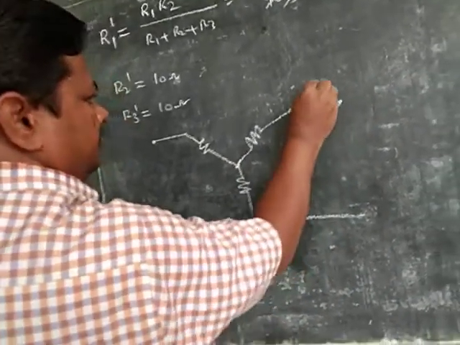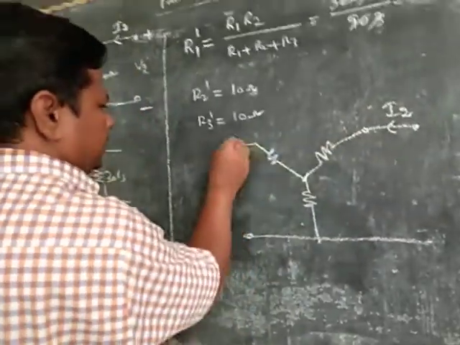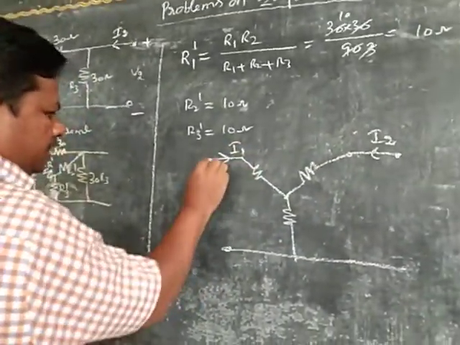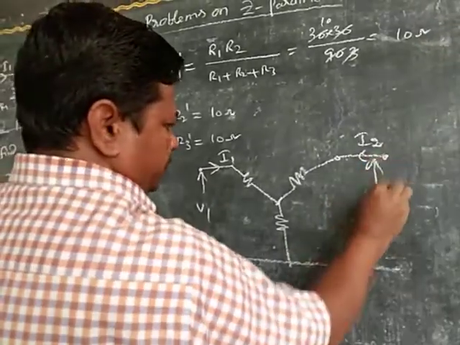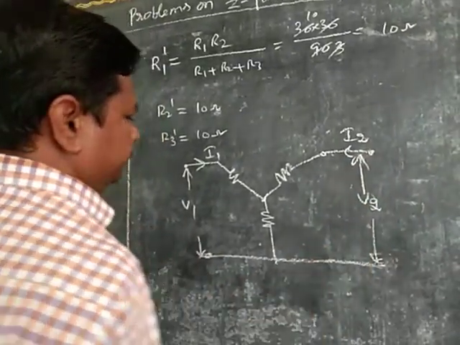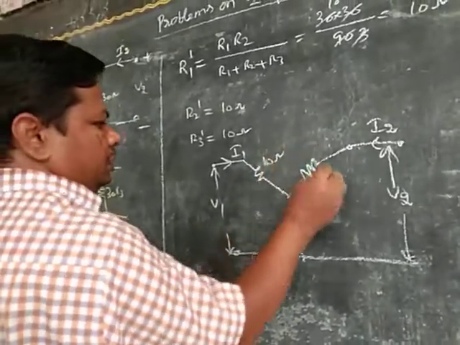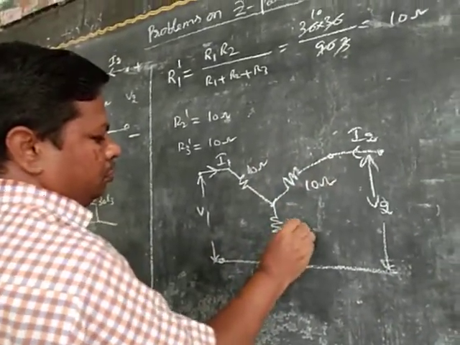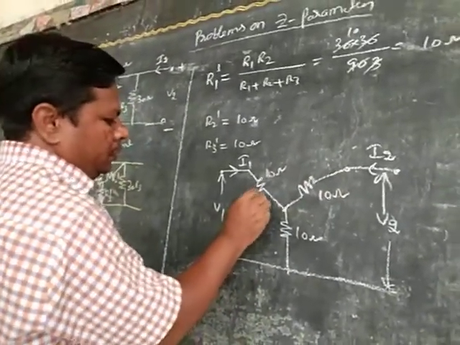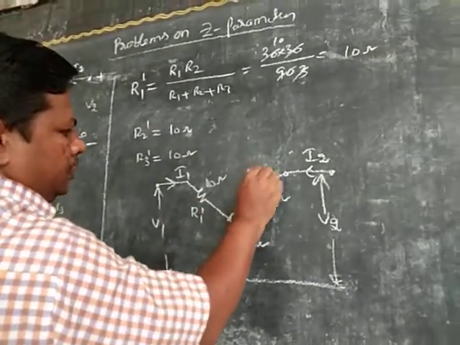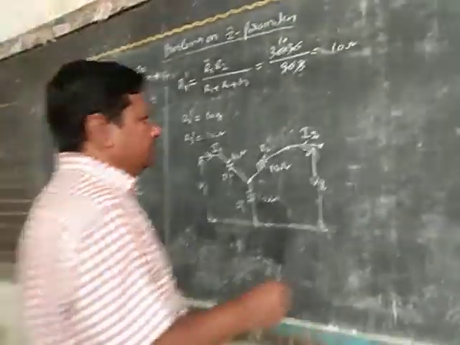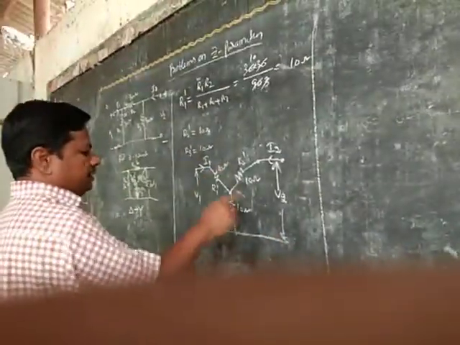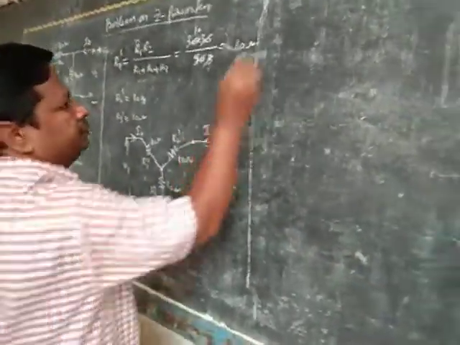Now the network is this network. This is I2 entering current, I1 entering current. Here we have to apply V1. Here we have to apply V2. 10 ohm, 10 ohm, 10 ohm, R1 dash, R2 dash, R3 dash. The circuit is nothing but a T network.